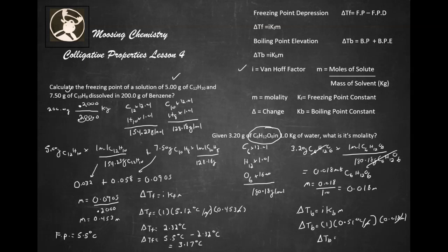It's going to be 0.00918 degrees C. And that's our boiling point elevation. So not only did we calculate the molality, but we also calculated its boiling point elevation change.